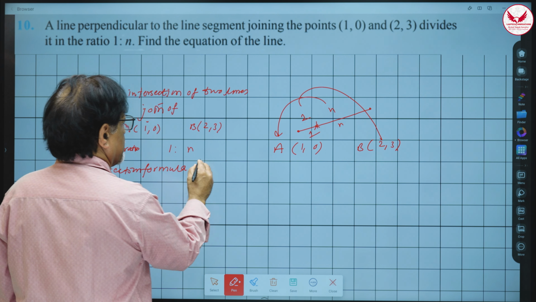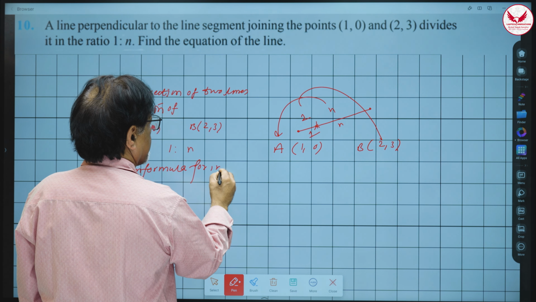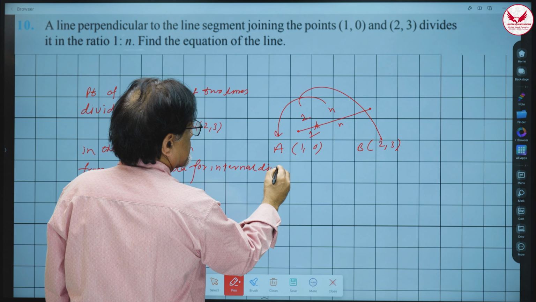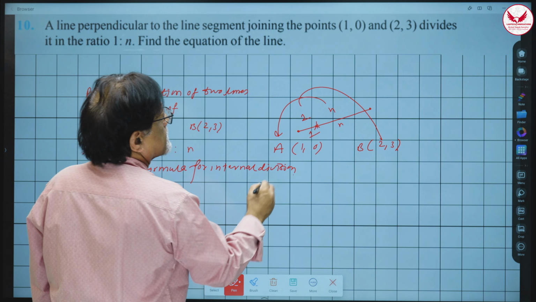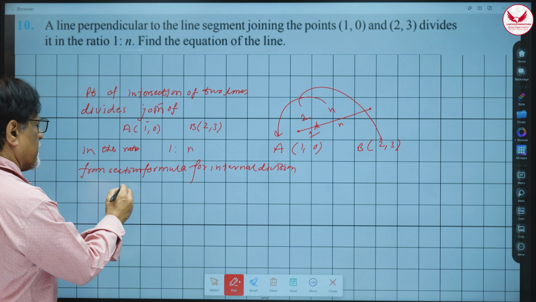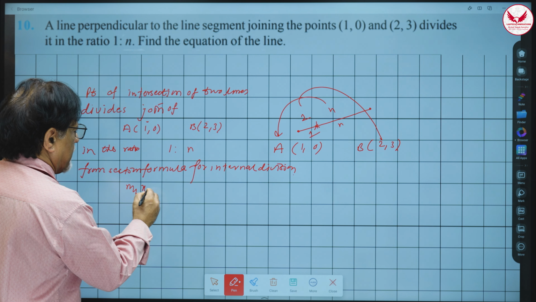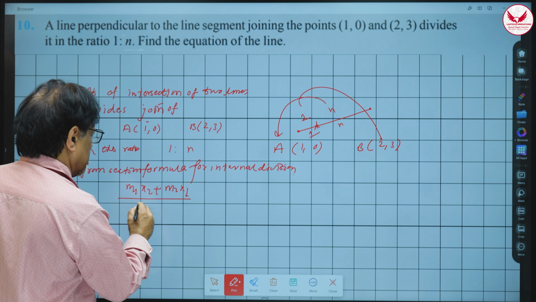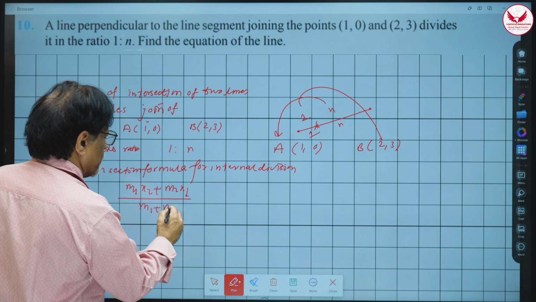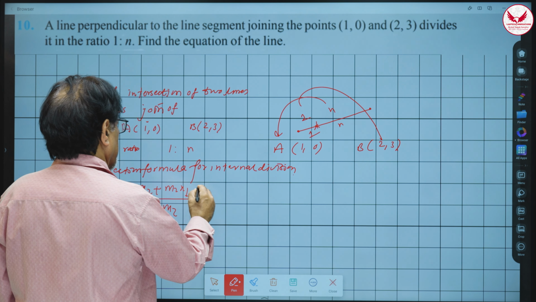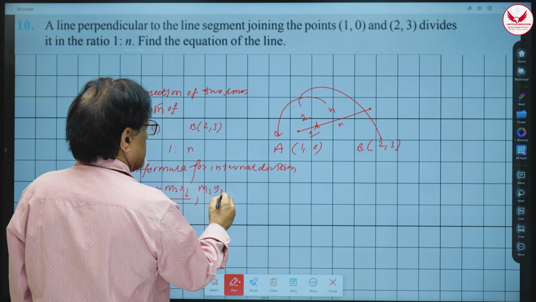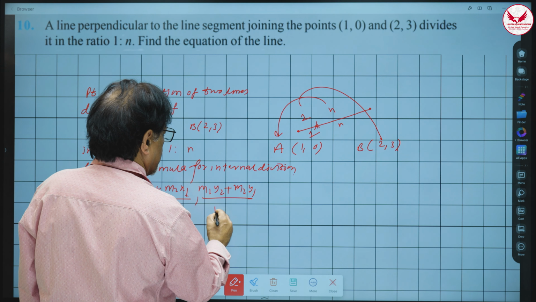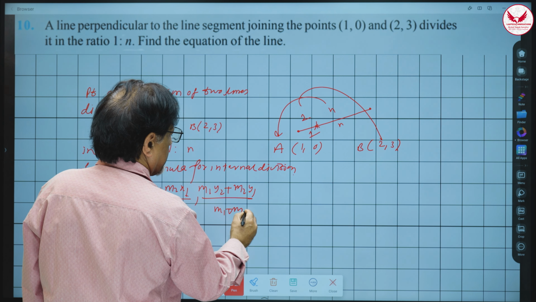for internal division, the formula is what? m1x2 plus m2x1 upon m1 plus m2, correct? Similarly, m1y2 plus m2y1 upon m1 plus m2, correct?